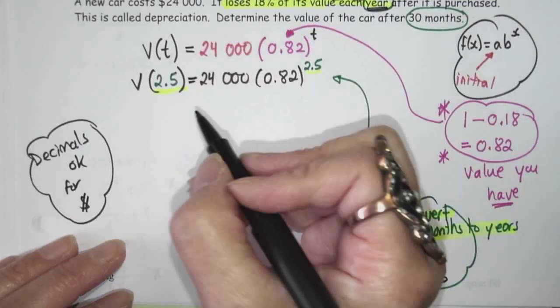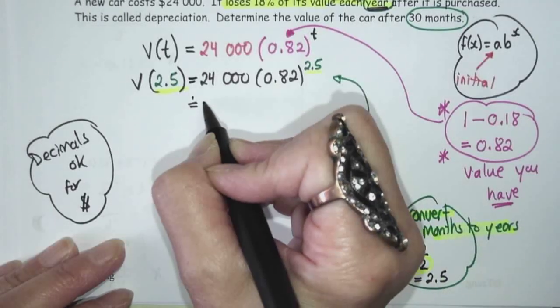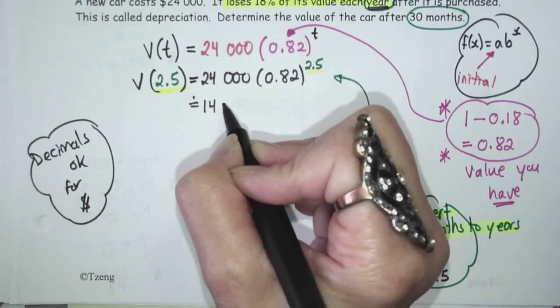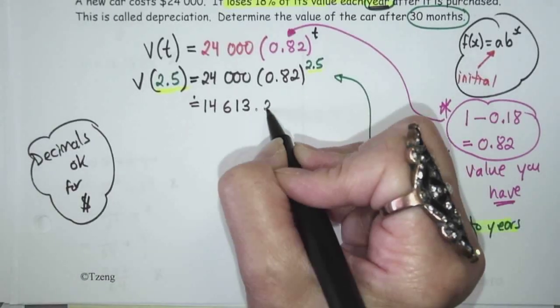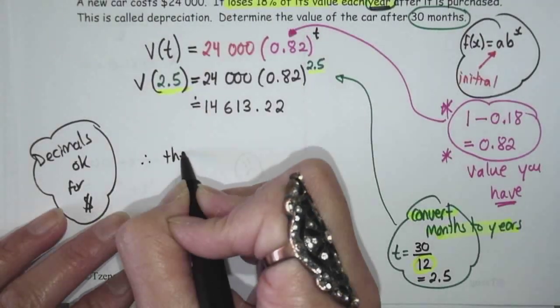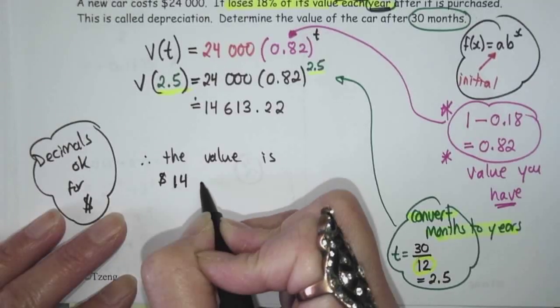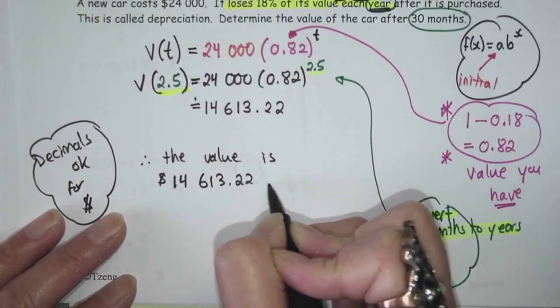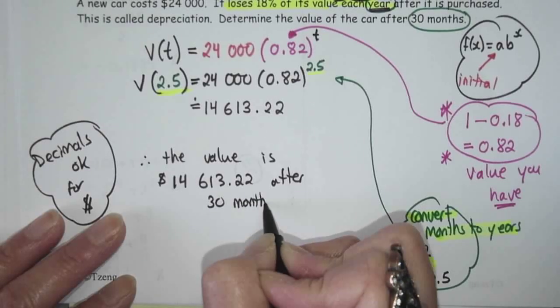So we got approximately 14,613.22. Okay, good. So therefore, the value is $14,613.22 after 30 months.